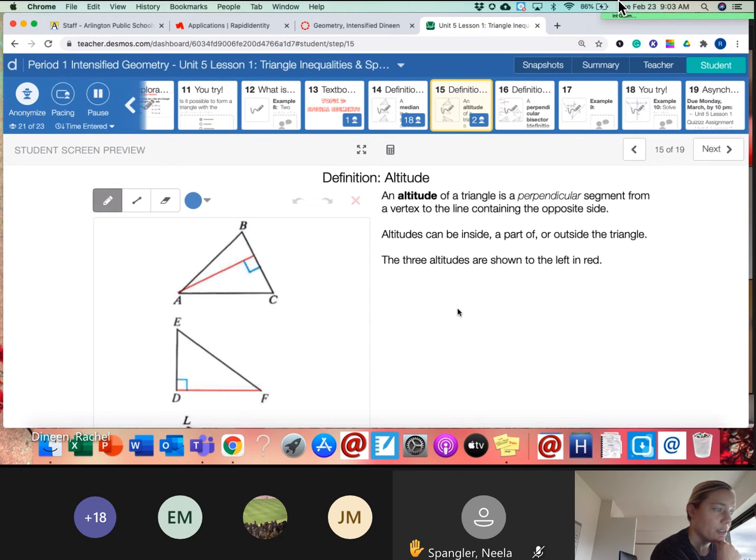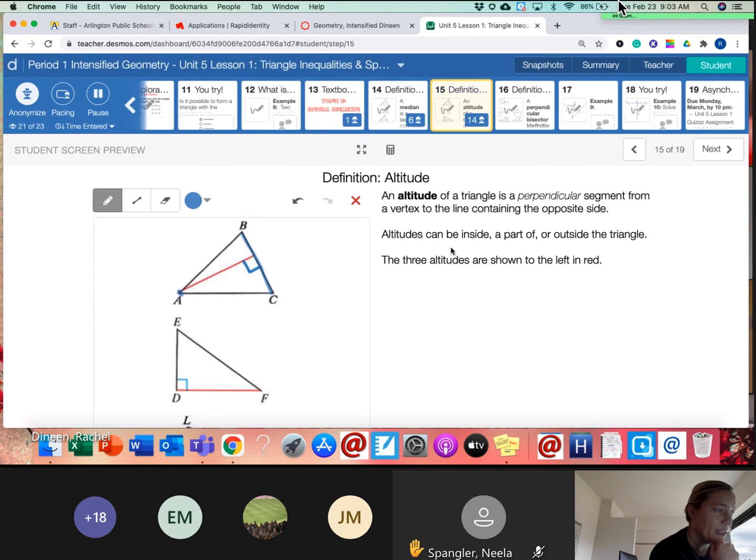Altitude. An altitude of a triangle is a perpendicular segment from the vertex to the line containing the opposite side. So here's the opposite side, and it always has to be perpendicular.